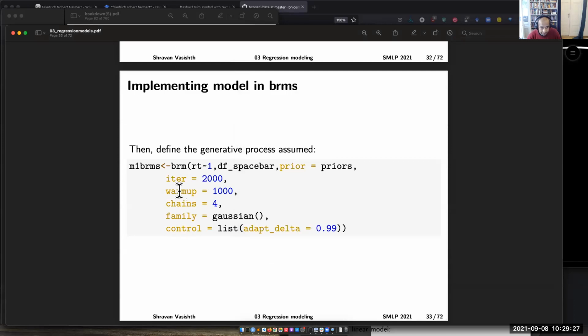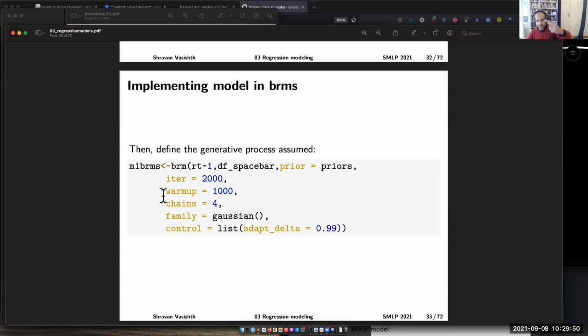So notice what's happening here though. I have a warm-up of 1000. Number of iterations is 2000 in each chain. So how many samples am I going to get in the end after I discard the warm-up? So then 1,000 iterations per chain? Exactly.